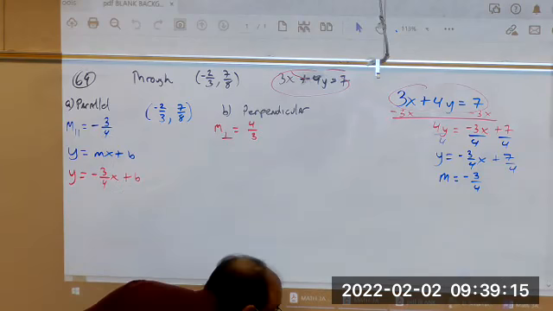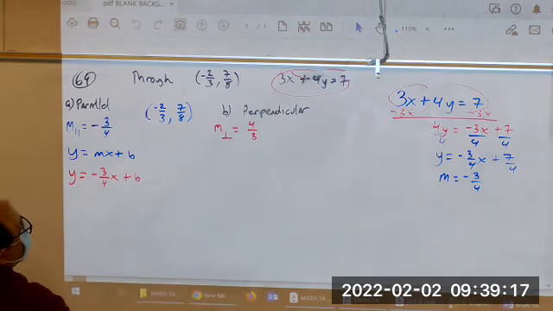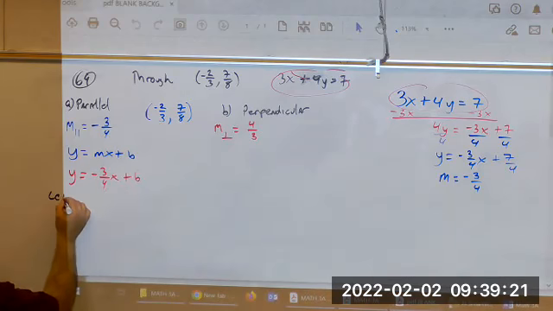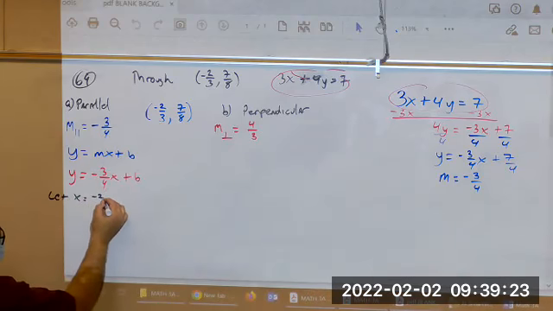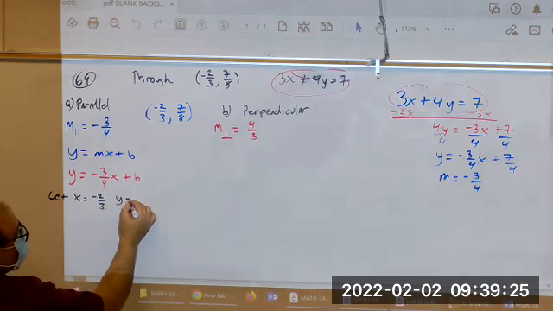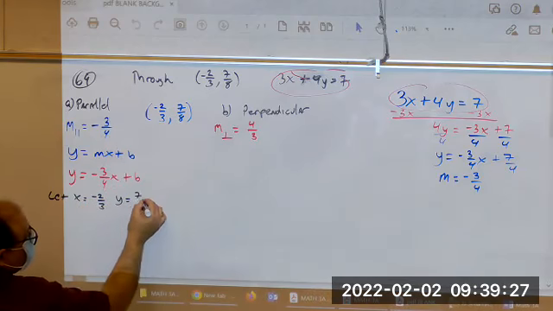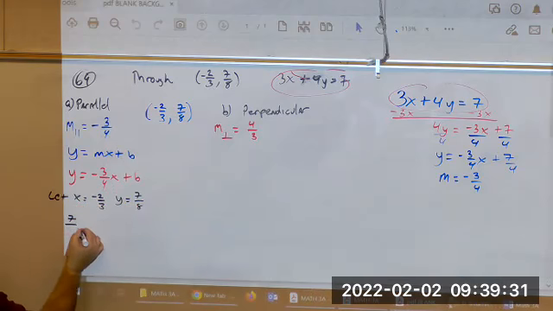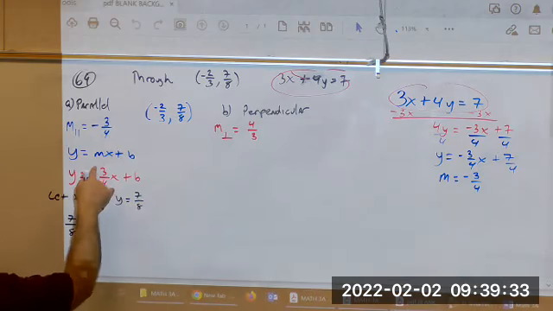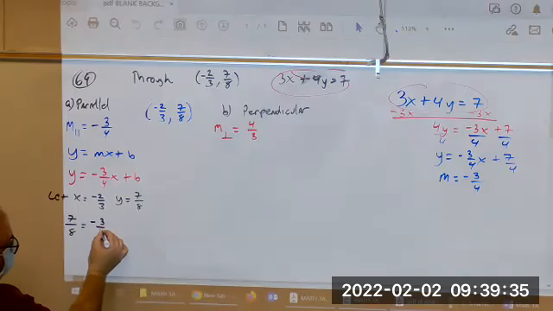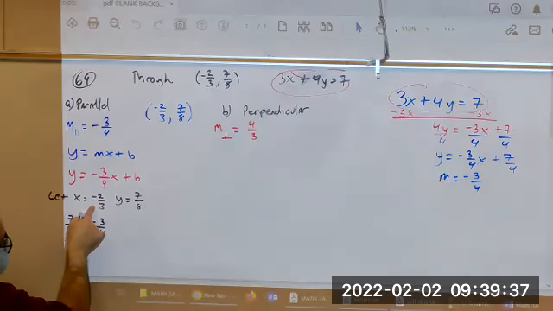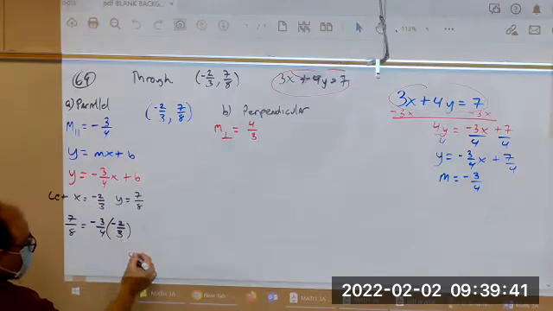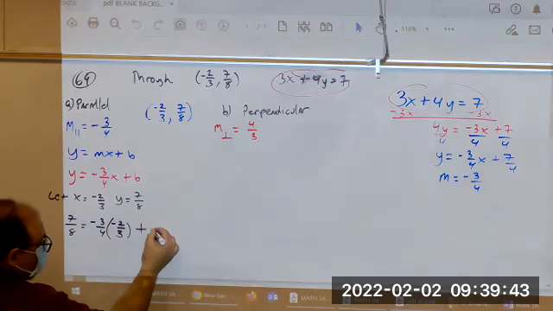And now we're going to let x equal negative 2/3, and y is going to be 7/8. 7/8 goes in here, equals negative 3 over 4 times x, which is parentheses, negative 2/3, plus b, and then solving for b.